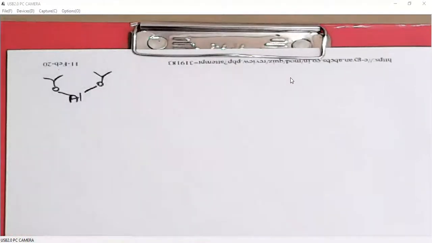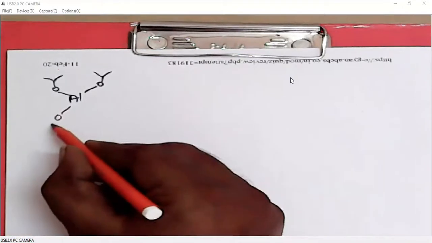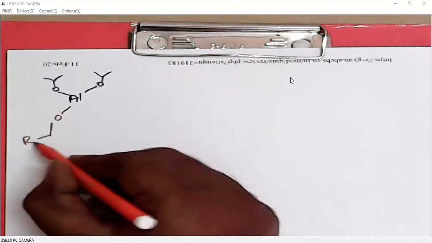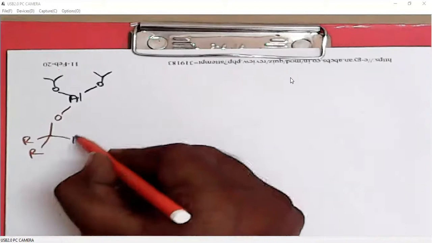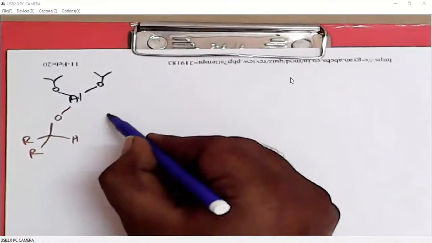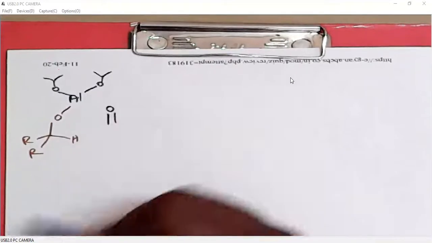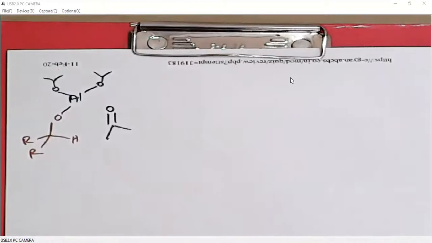Isopropanol, and this is alcohol. We can show it in a 6-membered ring transition state. So this is acetone. Then what happens?